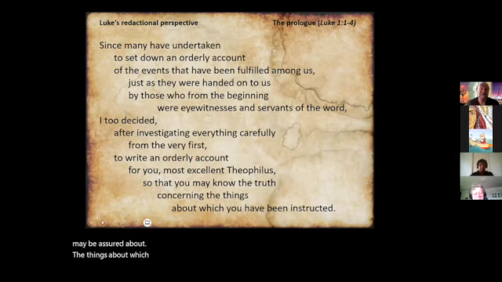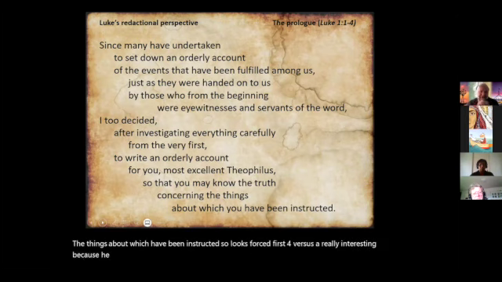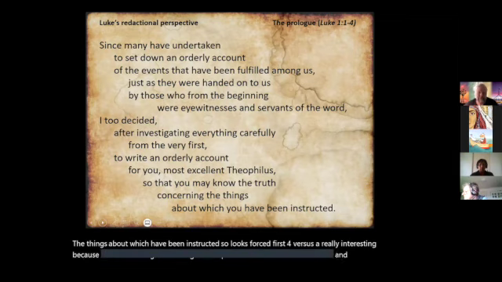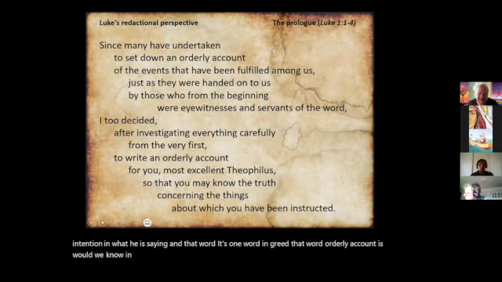So Luke's first 4 verses are really interesting because he alone amongst the evangelists explains a little bit about his method and his intention in what he is saying. And that word, it's one word in Greek, that word orderly account is a word we know in English. It's T-A-X-I-S, which we would say taxis, but in Greek it was taxis.